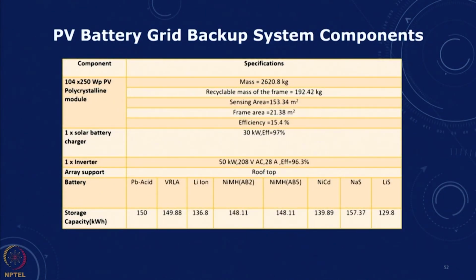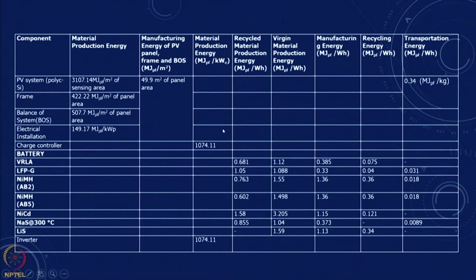And so as we said, the storage capacity, lead acid is 150, lithium ion is a little lower, 137, a little less than 140, and then these others are in that kind of range. And you can see this is the basis by which we have done these calculations.